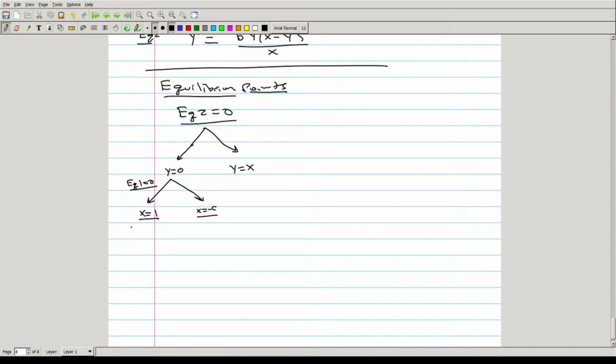Which gives us the equilibrium point (1, 0) and the equilibrium point (negative c, 0). For the y equals x term, we have a little bit more work.